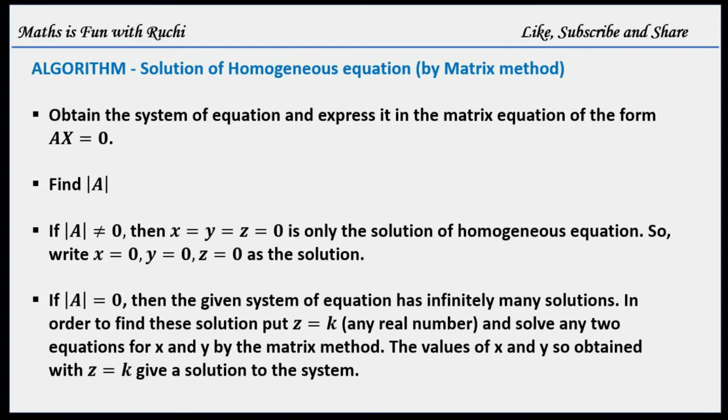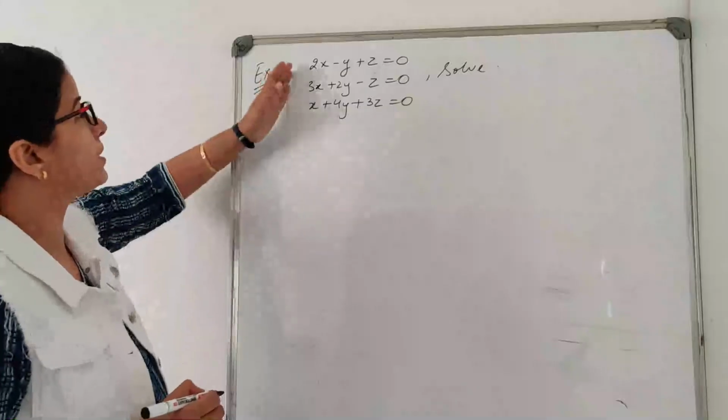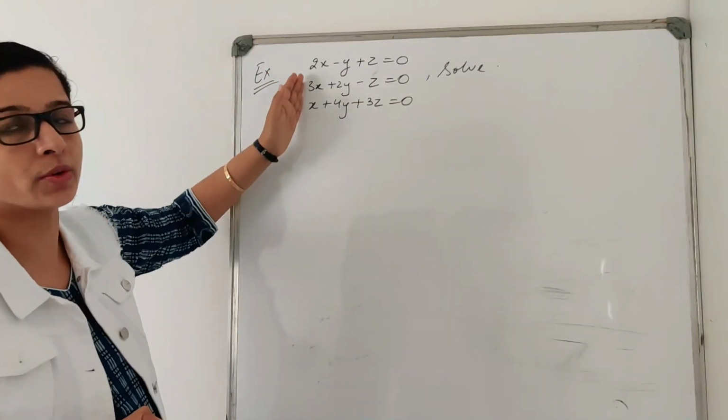If determinant is equal to 0, it means the system has infinitely many solutions. In order to find these solutions, we'll substitute Z is equal to K and solve any two of the equations for X and Y by using matrix method. The values of X and Y so obtained with Z is equal to K will be the solution of the system. Now let us take the examples. So now these are my system of homogeneous equations. Why homogeneous?